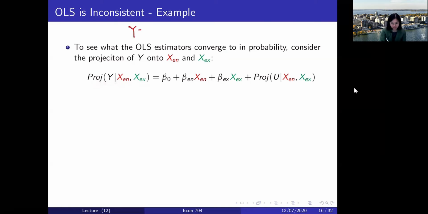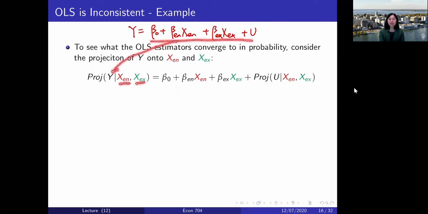Recall that Y equals beta 0 plus beta EN XEN plus beta EX XEX plus U. Now the projection of that, we plug that in here on XEN, XEX, will be equal to the projection of each of these terms on the same two variables.